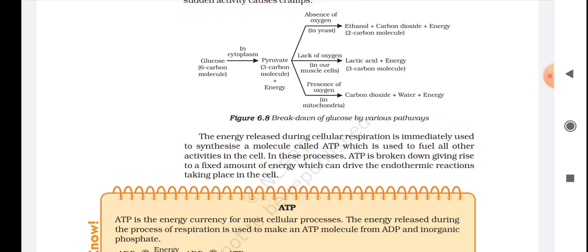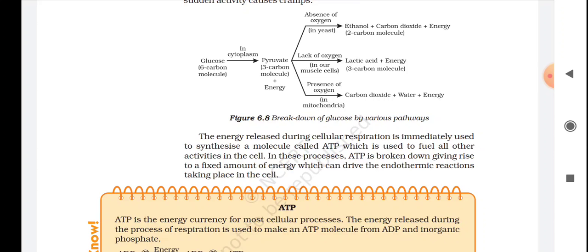So under such oxygen rich conditions, the pyruvic acid or pyruvate molecules enter the mitochondria and follow aerobic respiration.